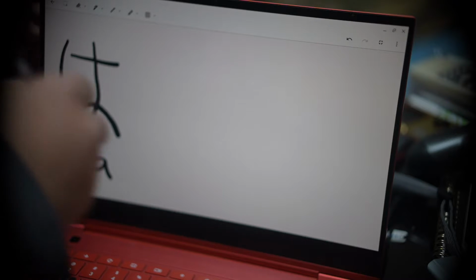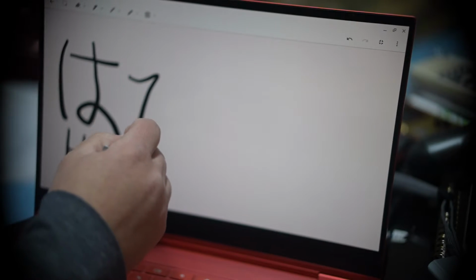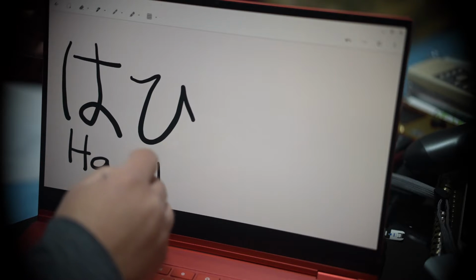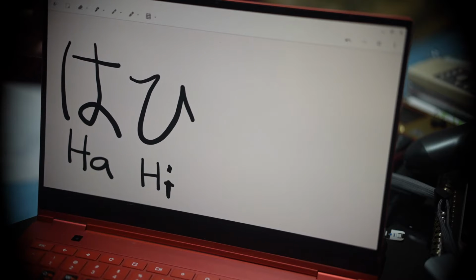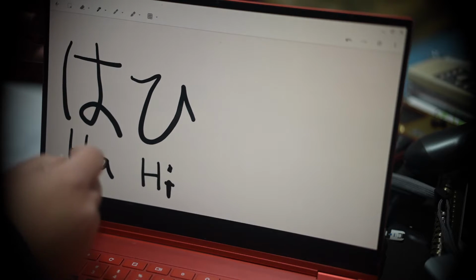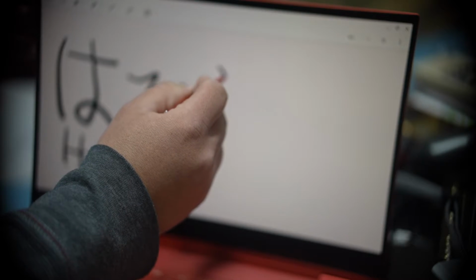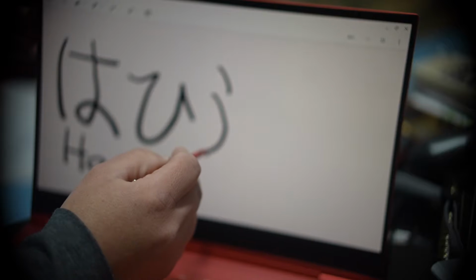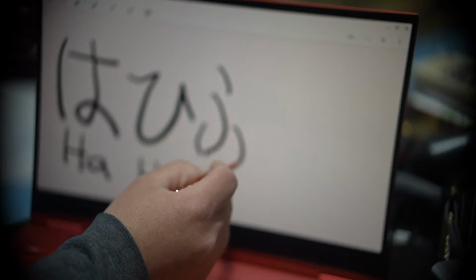So ha. Next we have hi. So ha, hi. And now this next one's a little weird. So it's a 4-piece one. So start up top. Now we're gonna make one that goes off to the side a little. 1, 2, 3, and 4.